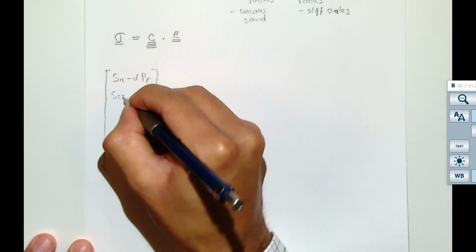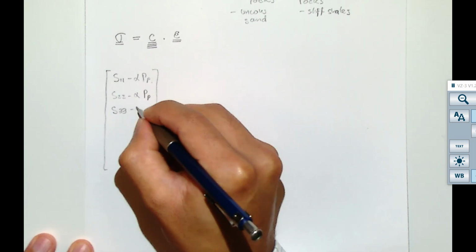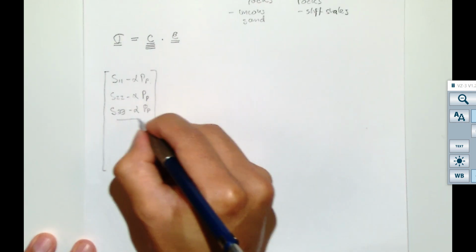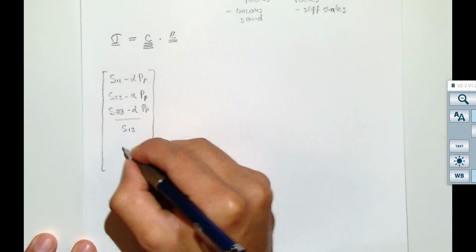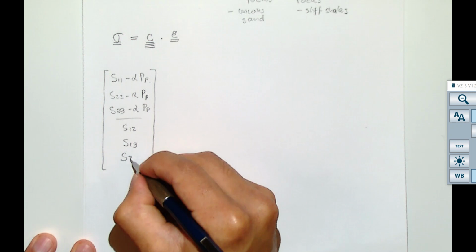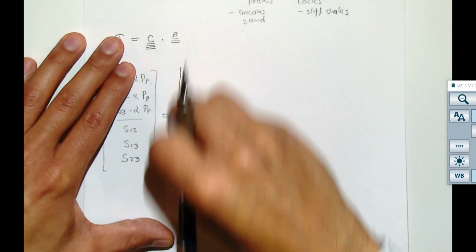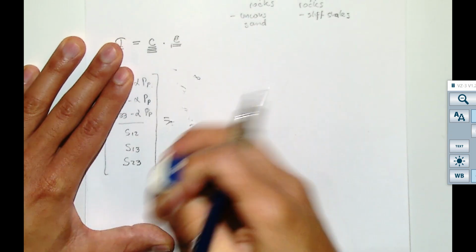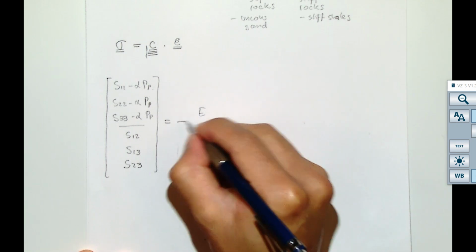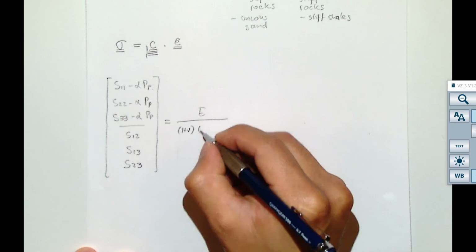I'm going to have the same for the other direction. Remember that here 3 is the vertical direction. We'll also have our shear stresses, which are not affected by pore pressure, and the stiffness matrix is the one that we have used before, assuming linear elasticity and isotropic media.